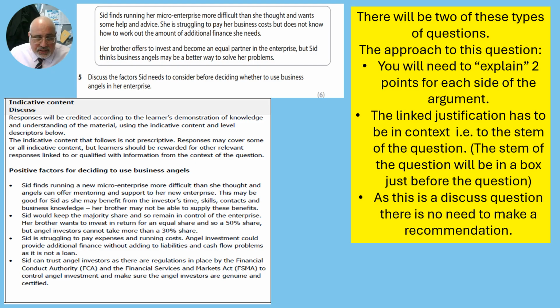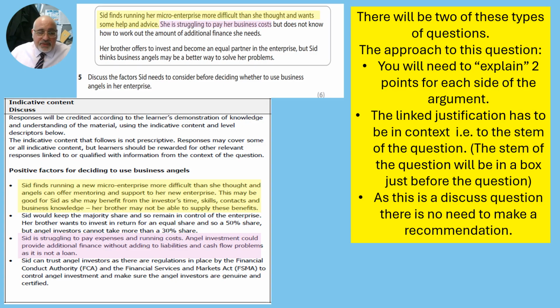Looking at the mark scheme in terms of the positive factors of using business angels, if we look at this answer here, the reason that point is written and highlighted is because as you can see, it's coming from the stem of the question, as is this third positive factor.